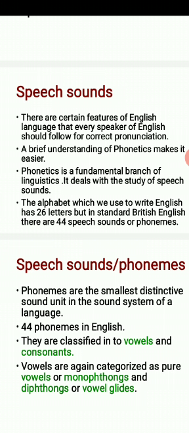These 20 vowels are again classified into two. How are they classified? Pure vowels or monophthongs, and diphthongs or vowel glides. So two classifications.